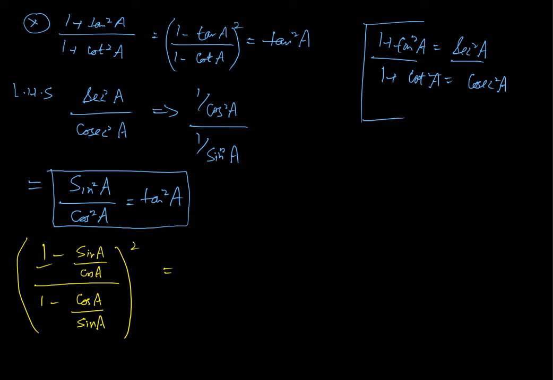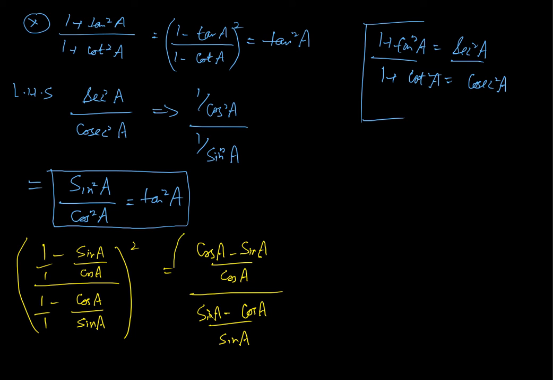When you take the LCM of the numerator and the denominator, you will get cos A as the denominator and then cos A − sin A in the numerator, divided by sin A in the denominator and then sin A − cos A, and this whole is squared, right?